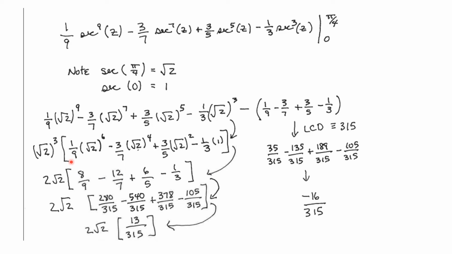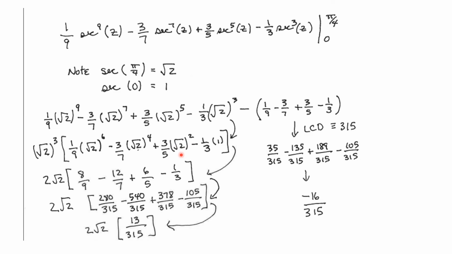Now then what we can observe is that the square root of 2 cubed is 2 square root of 2, so I'll just do that calculation. But here, all of these are raised to even powers, which is going to be nice. So the square root of 2 to the 6th power is 2 cubed, which is 8. The square root of 2 to the 4th power is going to be 2 squared, and 2 squared is 4 times 3 is 12, so that is minus 12 over 7.